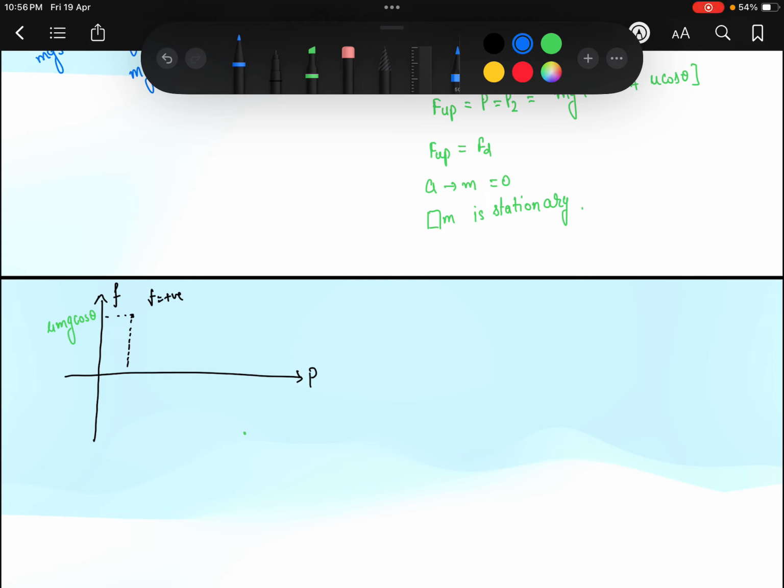So we will be joining these two lines, and this point will be equal to minus mu mg cos theta. Here the negative sign represents that the frictional force is acting in downward direction. So this is your P1 here, this is your P2.